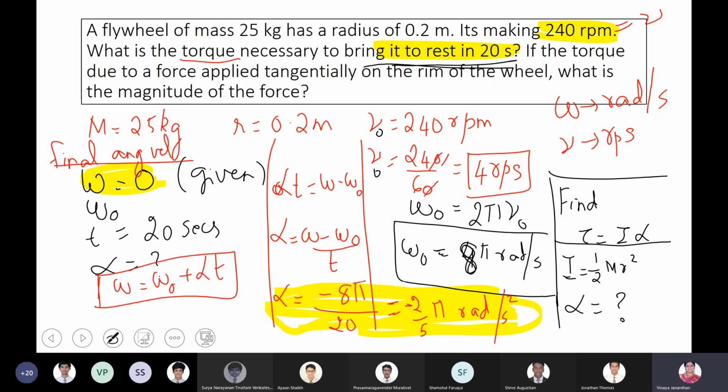And boys, next you need to find the moment of inertia of the flywheel. Half m r squared. I think you can find it, and then find the torque.